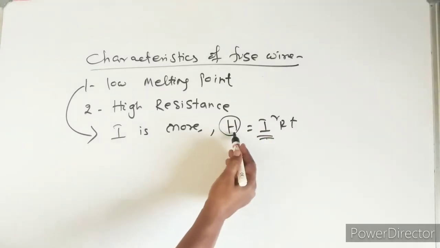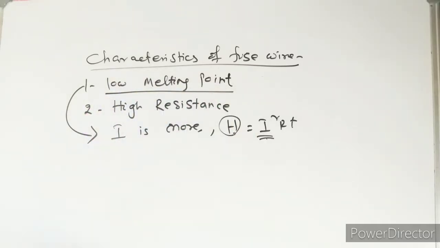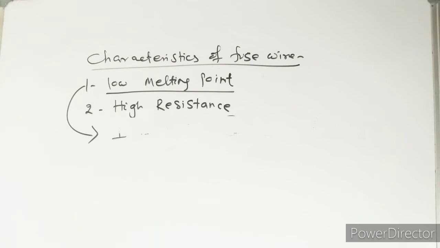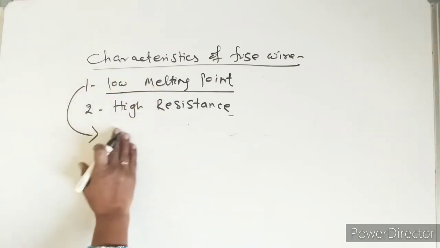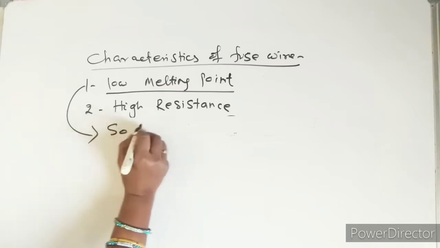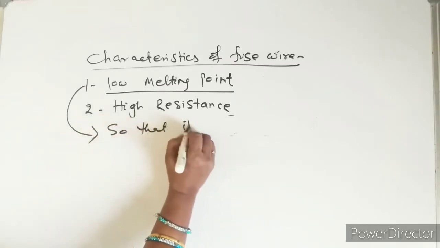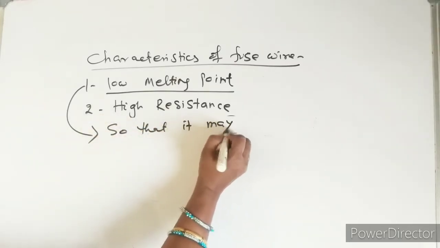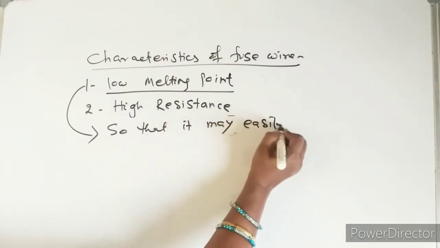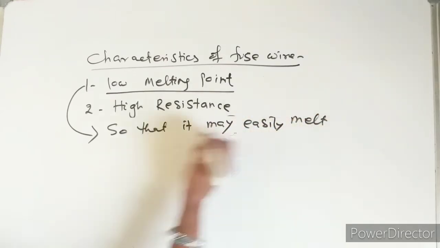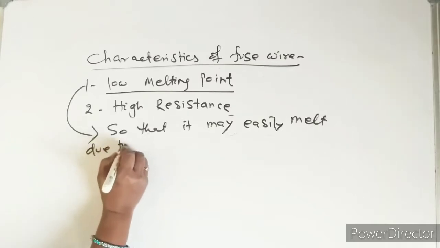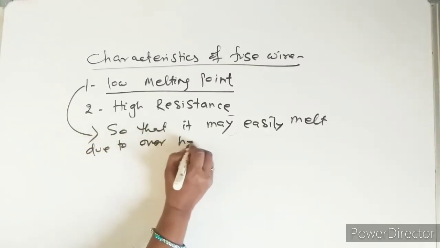When heat is more, then if it is of low melting point, only then will it melt. So low melting point, so that it may easily melt due to overheating.